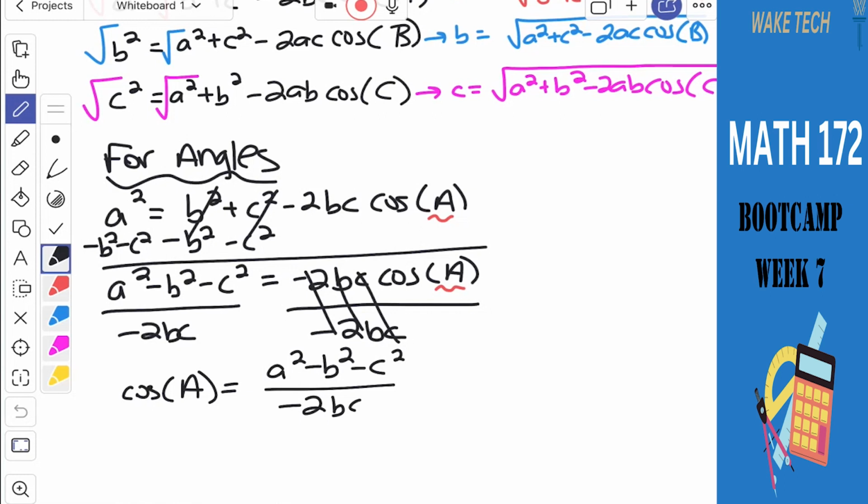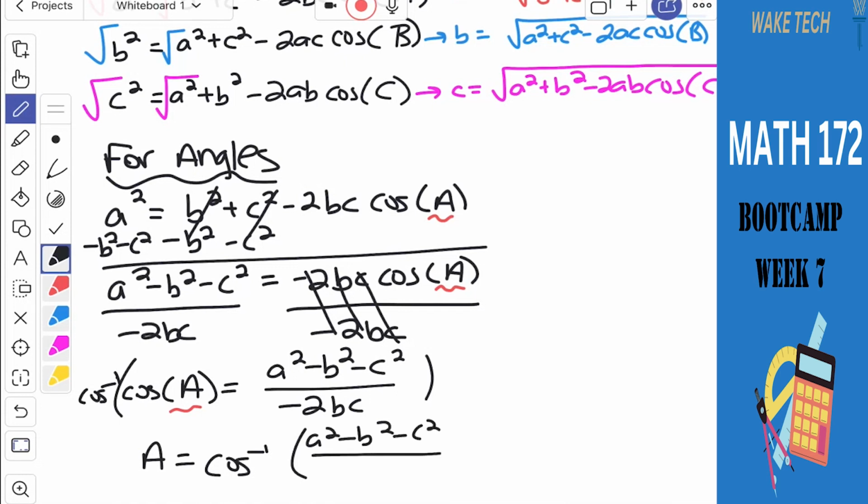And then to get angle A by itself, last thing is to remove the cosine function by using the inverse cosine function. And that tells us that angle A is equal to inverse cosine of a squared minus b squared minus c squared over negative 2bc.